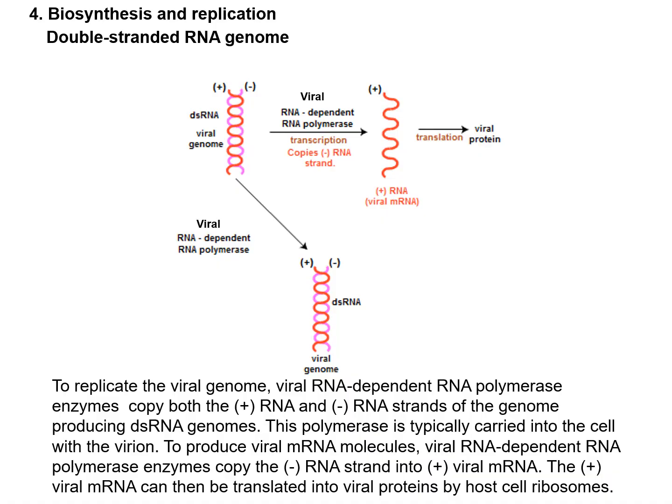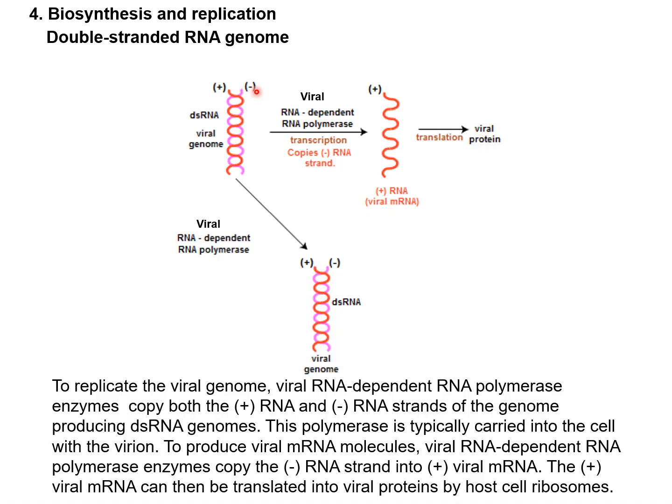As for RNA viruses, most of them have their own RNA polymerase. So they do not really use that of the host. That's in most cases. Again, there are always exceptions. When it comes to double-stranded RNA genome viruses, these have a positive sense and a negative sense strand.